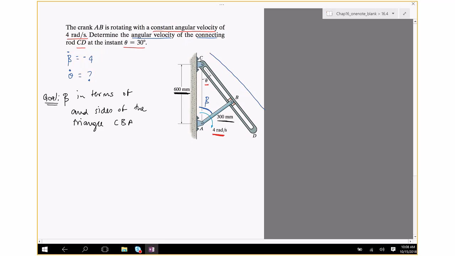Because if I can do that, I could then differentiate the expression and get beta dot in terms of theta and sides of the triangle. Okay, so how do I find a relation between beta, theta, and sides?